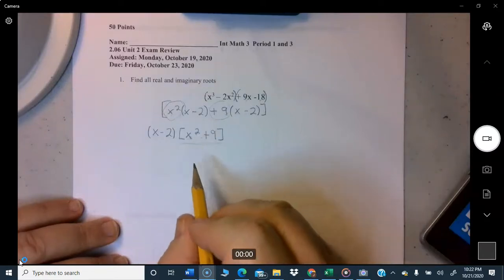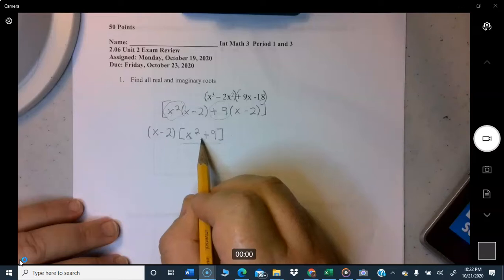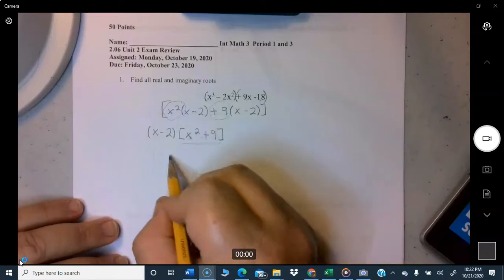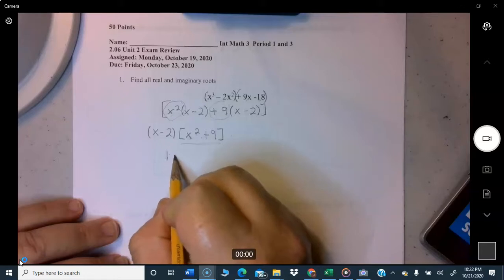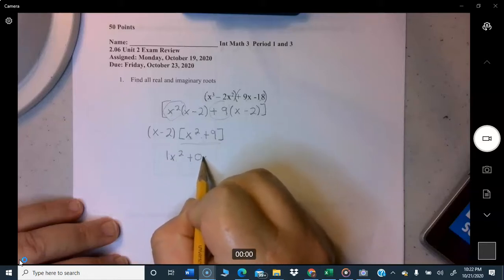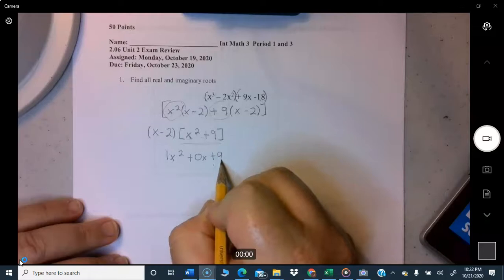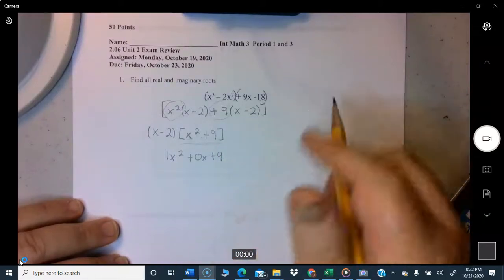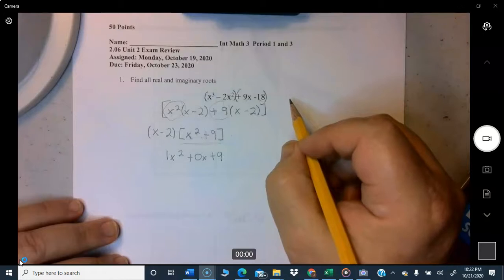So we rewrite it like this. You notice there's no x term here. There's just an x squared and then it goes straight to a 9. So you write it with an x term, and here's how you do it. 1x squared plus 0x plus 9. And then what we're going to have to do is whenever you have imaginary roots, you need to use the quadratic equation.